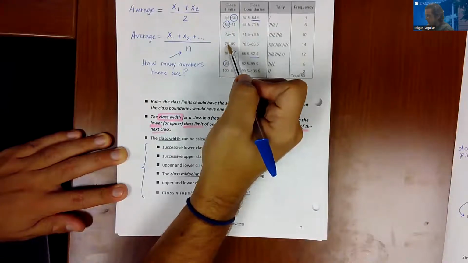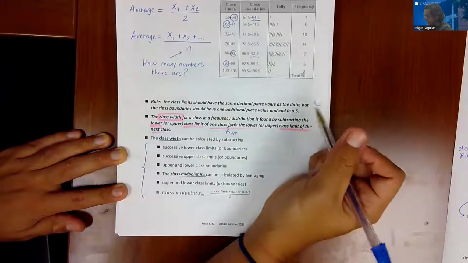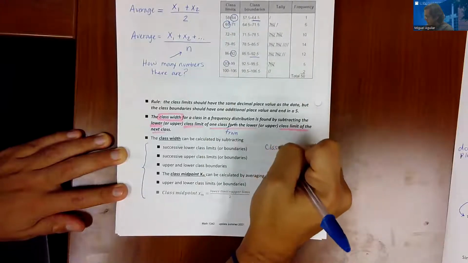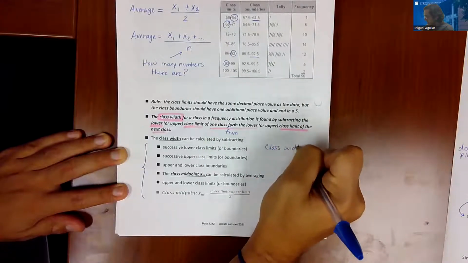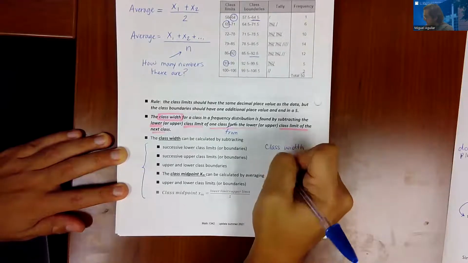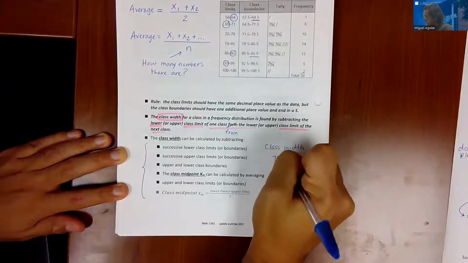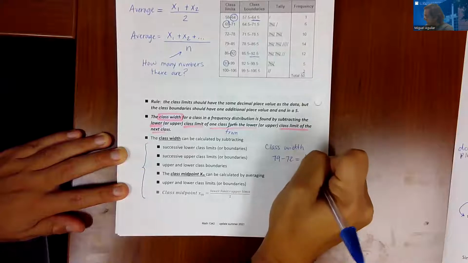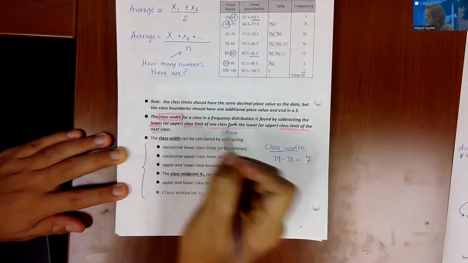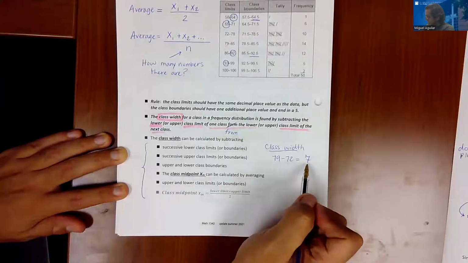If you subtract 72 from 79, what do you get? 7. Right, 79 minus 72 is 7. So according to this definition, we should have a class width of 7.